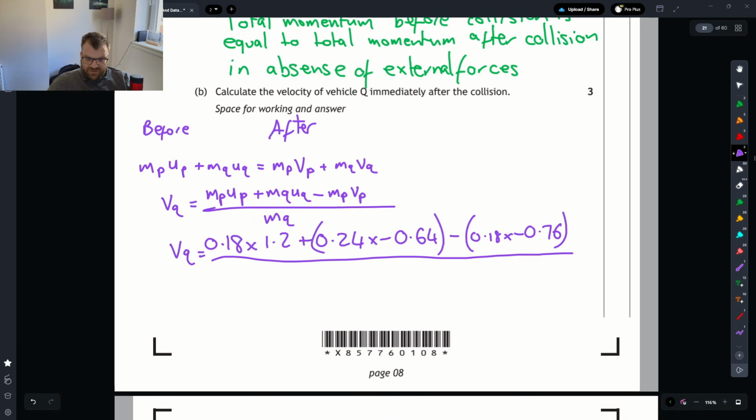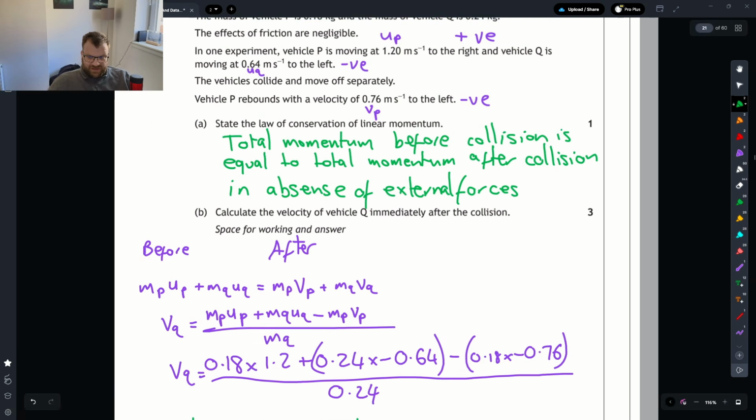And then that's all over the mass of Q, which was the 0.24. And very carefully enter this into your calculator, which spits out for me 0.83, and velocity will be meters per second for that.